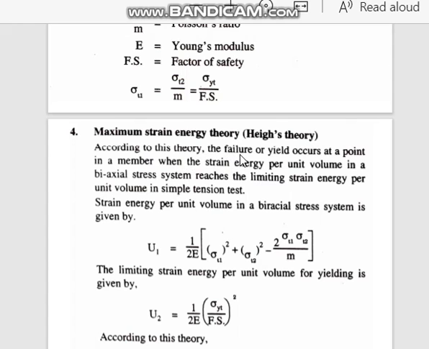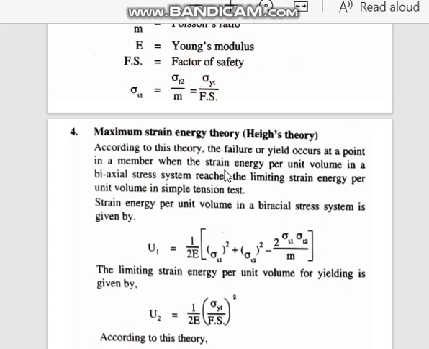This theory says failure occurs in a member when the strain energy per unit volume in a biaxial system reaches the limiting strain energy per unit volume in a simple tension test. In a simple tension test, you have calculated the maximum energy that can be stored in that type of material per unit volume. So if that maximum energy is reached, then the failure occurs. That's what it is saying.